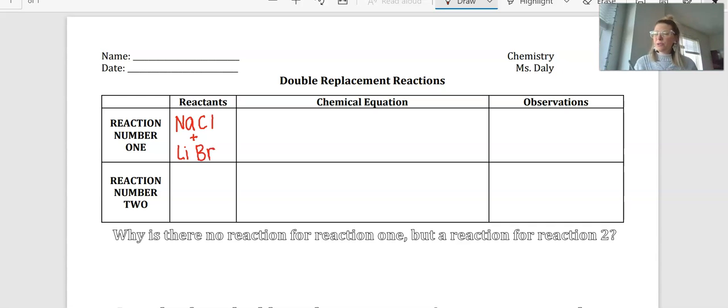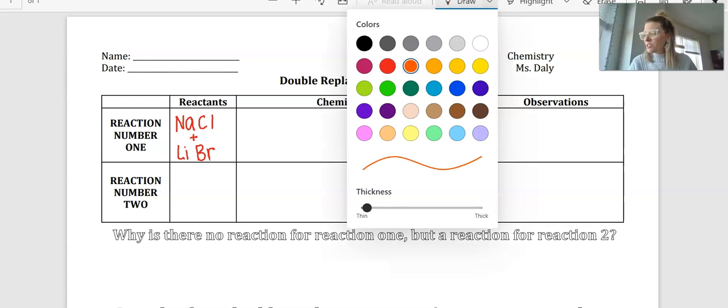And again, sodium chloride, very easy to access. Lithium bromide, I don't have that just lying around. I actually contemplated going outside and grabbing some of the salt from the roads, which is calcium chloride, but I didn't really want to touch it with my bare hands, and I don't have any gloves handy. So I couldn't do it. I'm sorry. So that's our first reaction that we're going to take a look at.